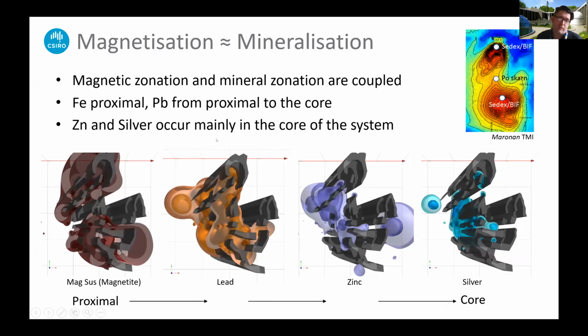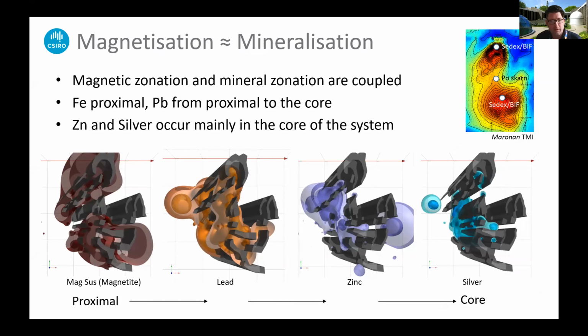In terms of the mineral zonation, what you're seeing in the magnetic zonation is basically mimicked in the mineral zonation. So here you can see a magnetic model in grey, and over the top, we're mapping different shells using Leapfrog.